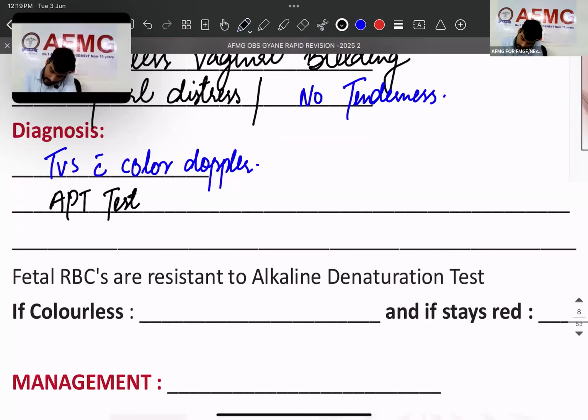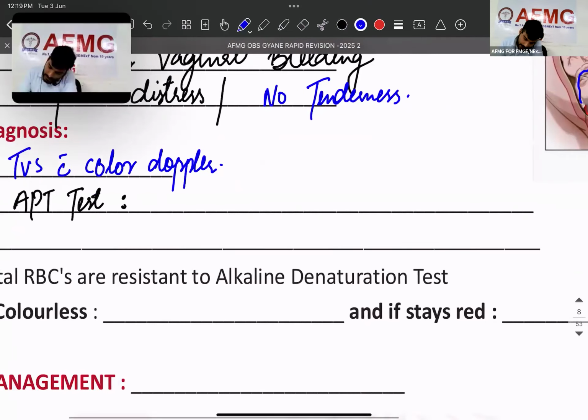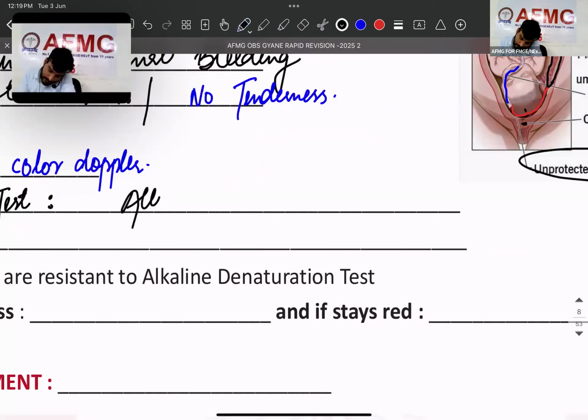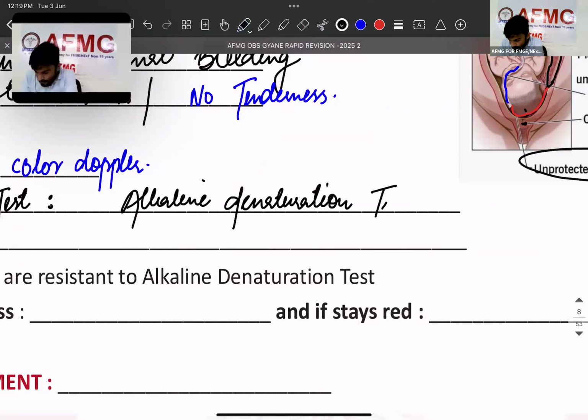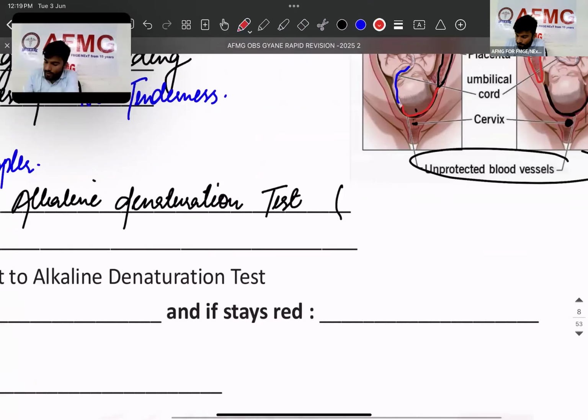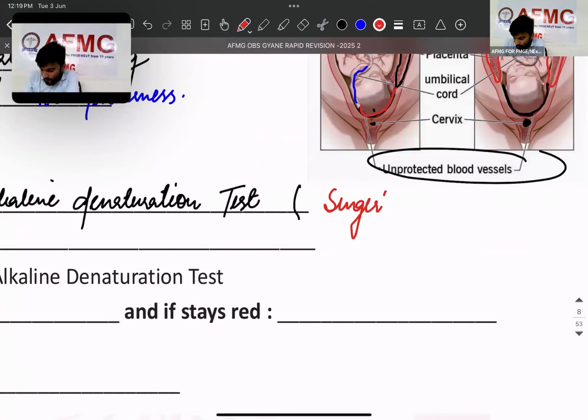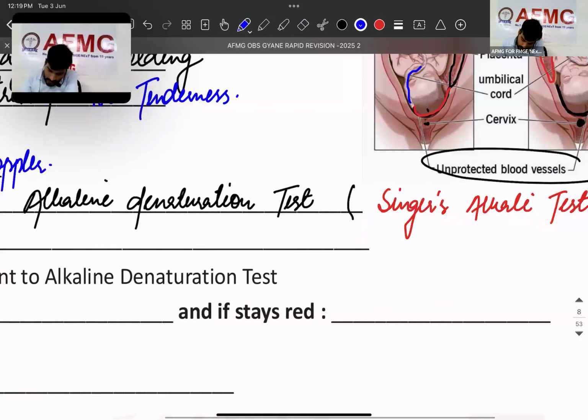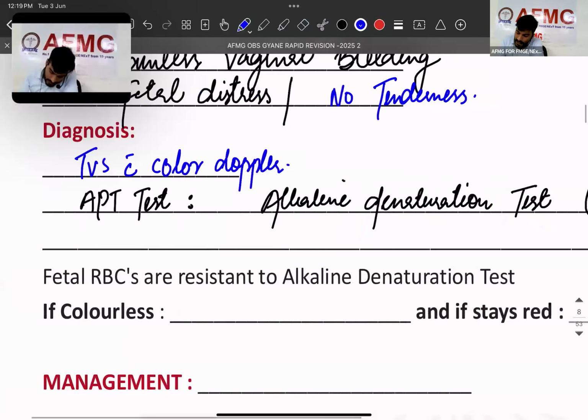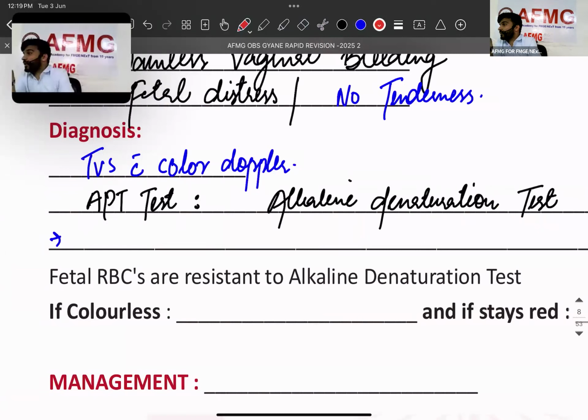Followed by that, we can also go for which test? The APT test, the alkaline denaturation test, also called Singer's alkali test. Now write it down. This test helps us distinguish between maternal and fetal blood. If red, fetal.